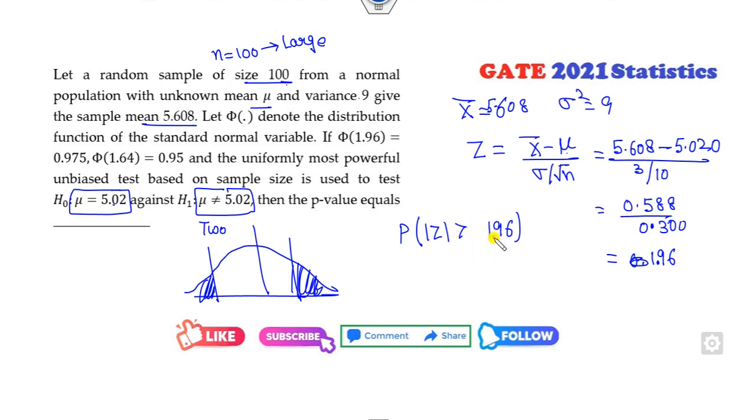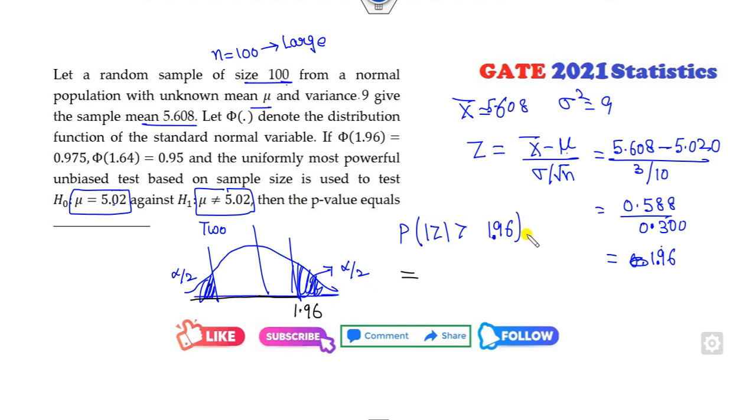Now 1.96, so what can you say about that? Now you can see its level of significance is 95. Fine, so this number is alpha by 2, this number is alpha by 2. And 1.96, this number we have obtained, is 0.975. So this plus this is, okay, so how can you find that?